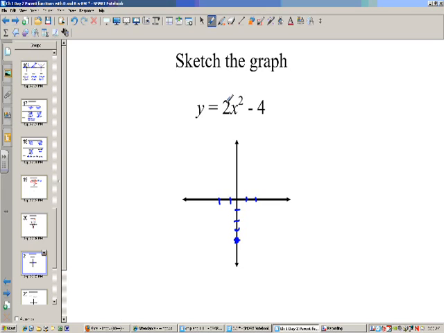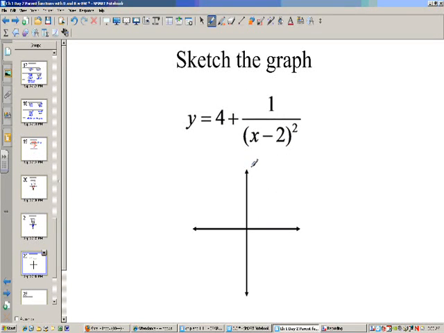Now if I double that, if I go 1 to the right, I'm going up 2. If I go 2 to the right, instead of going up 4, I'm going to go up 8. So 1, 2, 3, 4, 5, 6, 7, 8. And so this is going to be a parabola that's just stretched out vertically.